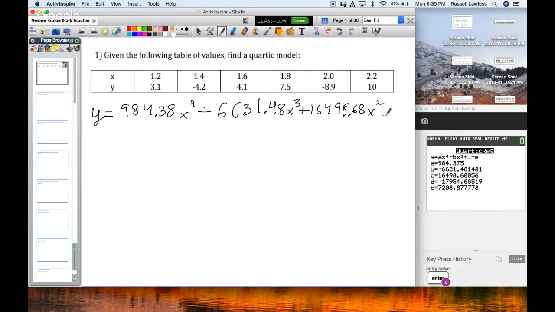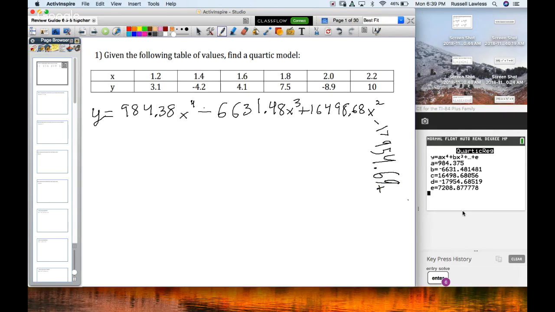So for this x squared, we're going to subtract that. I'll just keep going writing on the side here, which isn't the best way to do it, but that's what you do when you run out of room. And that will be 17,954.69 x.